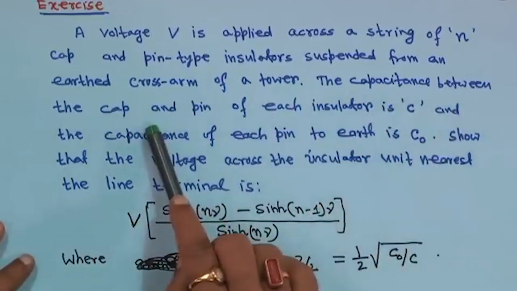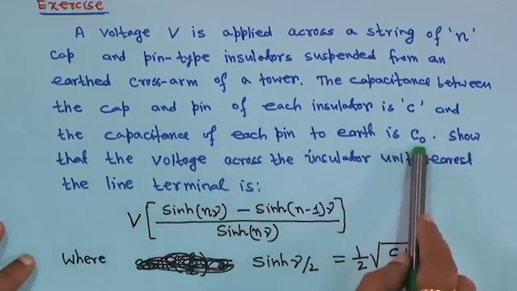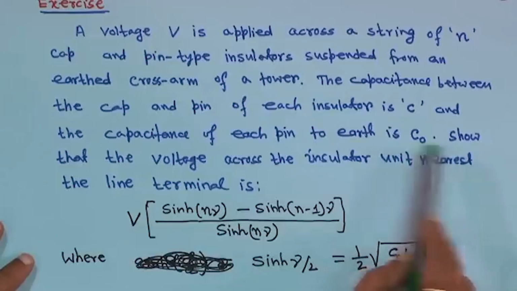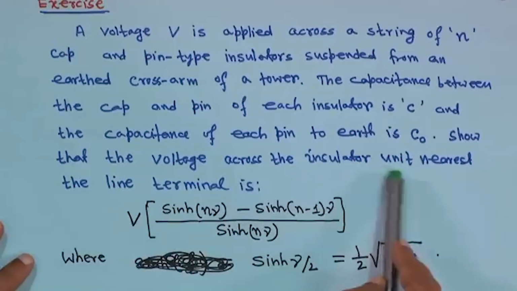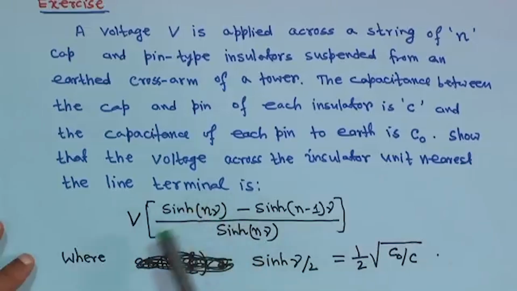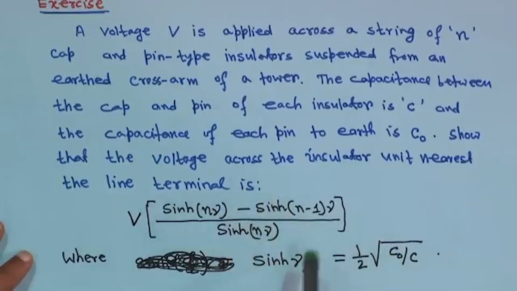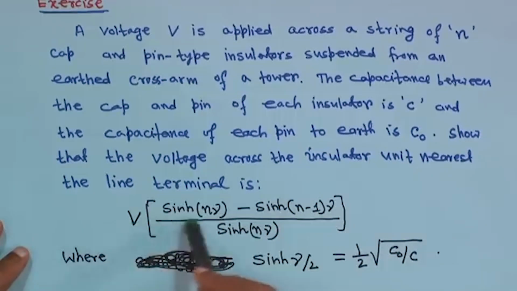The capacitance between the cap and pin of each insulator is capital C, and the capacitance of each pin to earth is capital C0, so that the voltage across the insulator unit nearest to the line terminal is small v suffix n, equal to V into sinh n gamma minus sinh (n minus 1) gamma, divided by sinh n gamma, where sinh gamma by 2 is equal to half root over C0 by C. Based on that, you have to prove that small v n is equal to this.